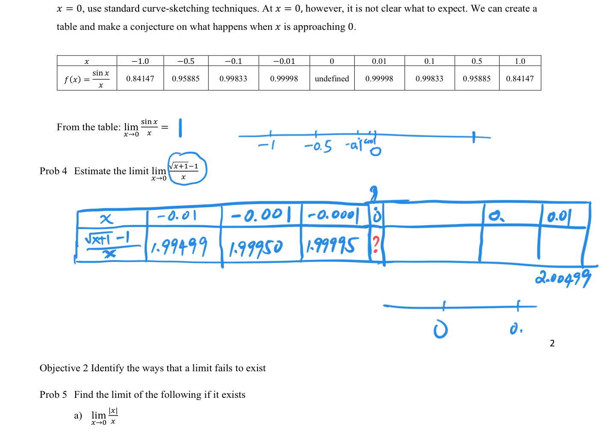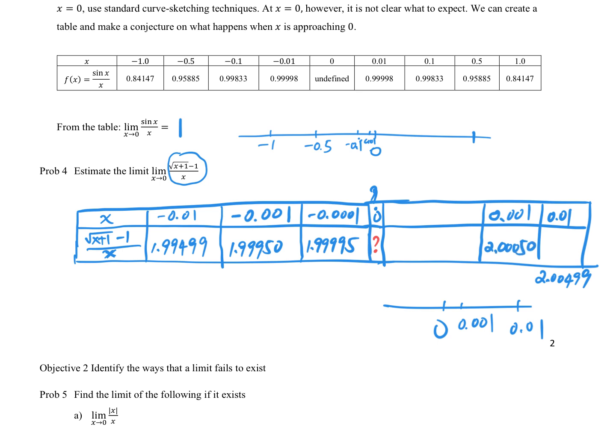The first one I chose was 0.01, the next one I'm going to choose is 0.001. Does it have to be 0.001? Can you choose 0.002? Yes, as long as it's getting closer to 0, that will be fine. Then the value that I have is 2.00049.